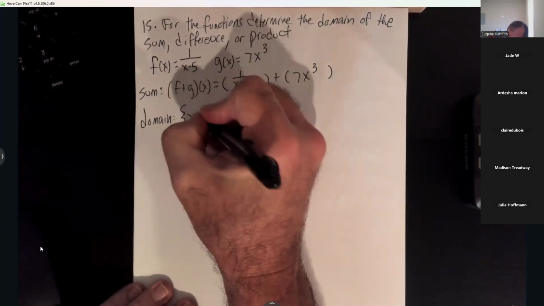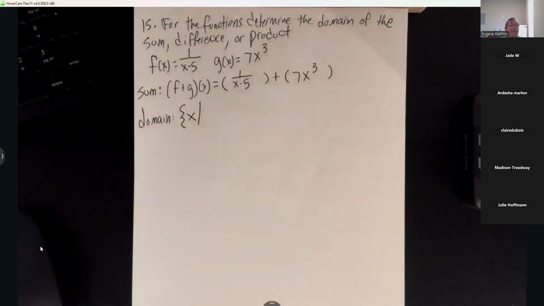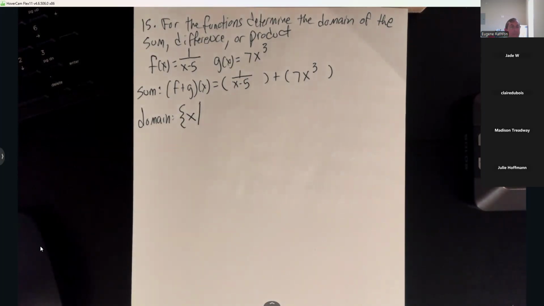So the domain will start out with that, x such that. All right, y'all, any guesses on this domain? Actually, would this one be all real numbers?